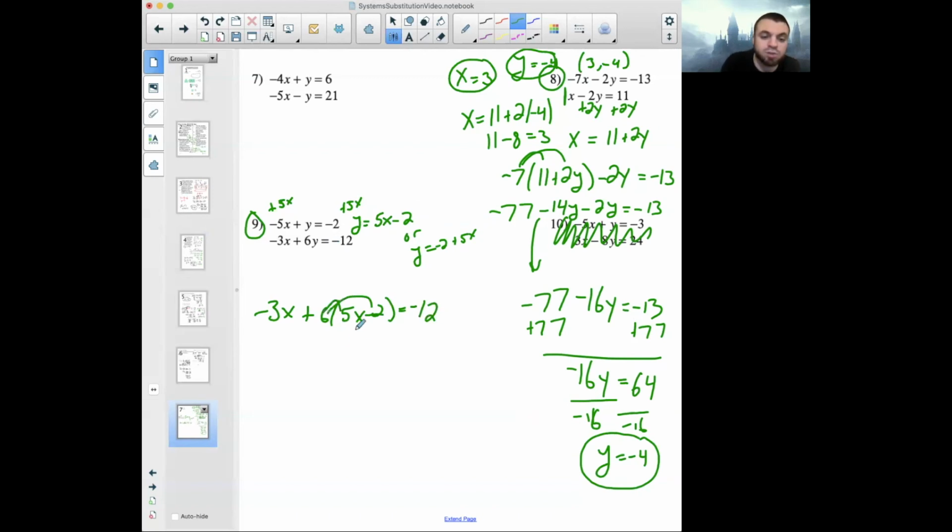So I distribute and I get negative 3x plus 30x minus 12 equals negative 12. So I combine like terms: 27x minus 12 equals negative 12.